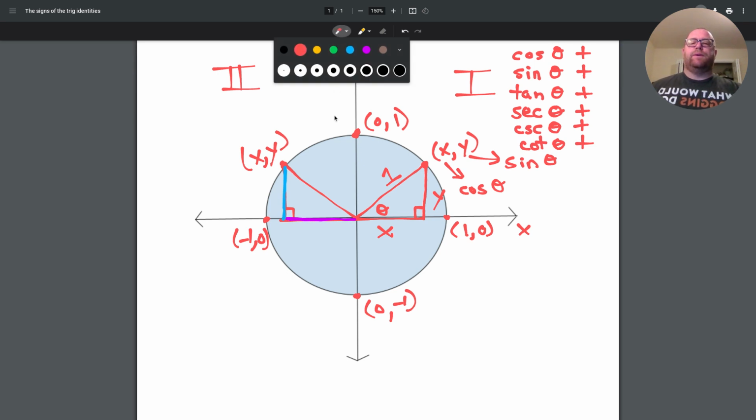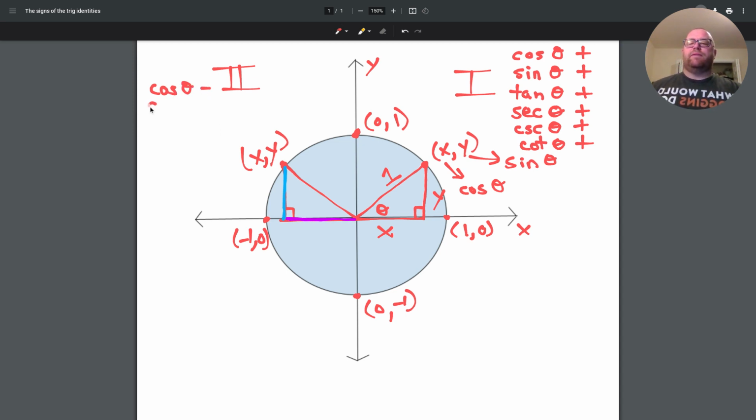So the cosine of theta is going to be negative. The sine of theta, which is y, is still going to be positive.